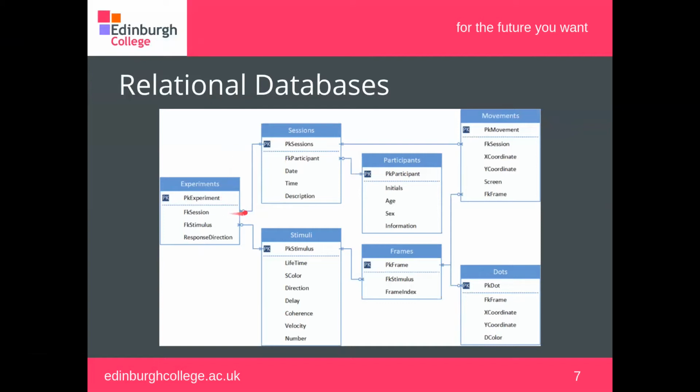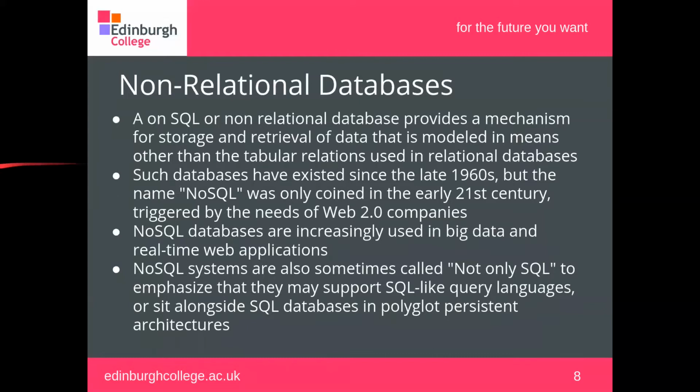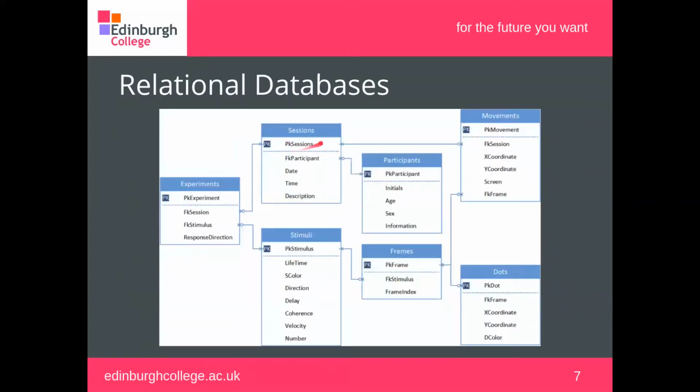Sometimes there could be a relationship. So, for example, we could come up with a query from the participants table: give me the initials, and also give me the time that they logged on from the sessions table. Sessions, date and time, and participants' age and information or something like that.